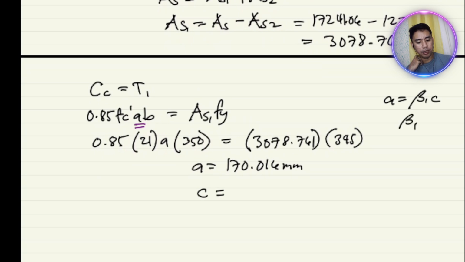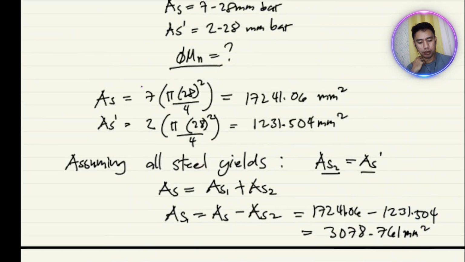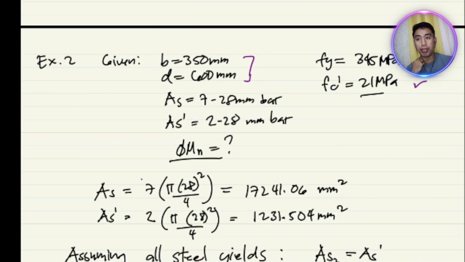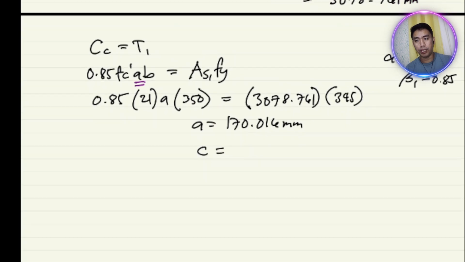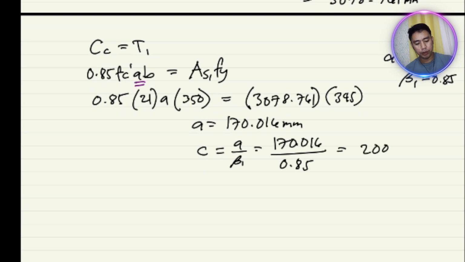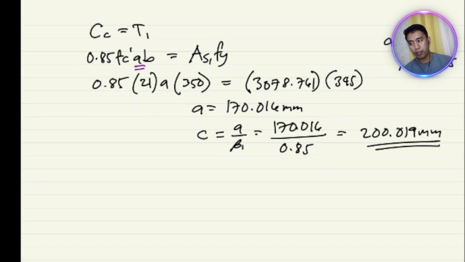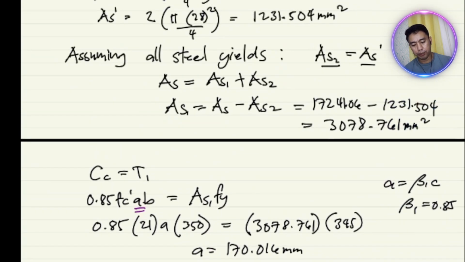Where beta 1, ang beta 1 natin dito, since our FC prime is 21 megapascal, less than 28, then automatically this is 0.85. So this is A over beta 1. This is 170.016 over 0.85. So we have C of 200.019 millimeter.